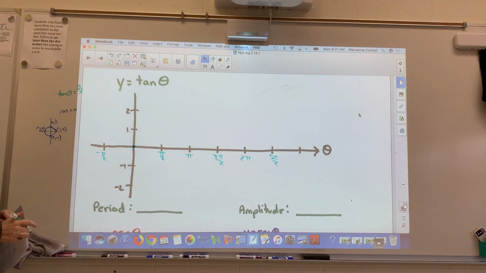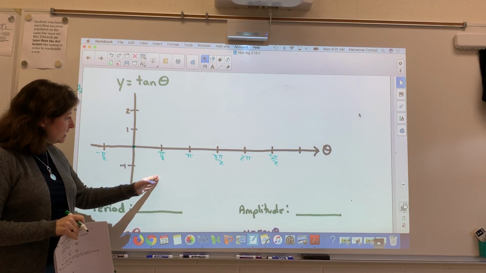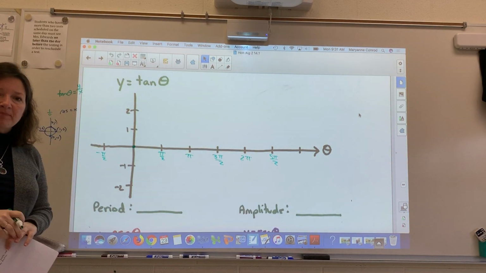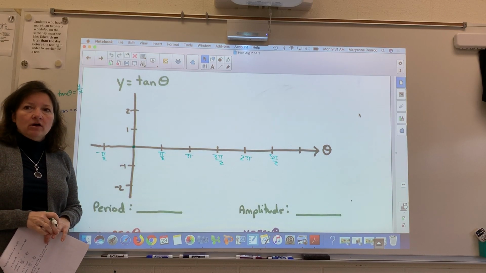Okay, so when we get to pi over 2, tangent would be y over x, which would be 1 over 0. Well, what is 1 over 0? It is undefined. So what that means is, as long as the angle is pi over 2, this will not exist. How do you think we can represent that on our graph?